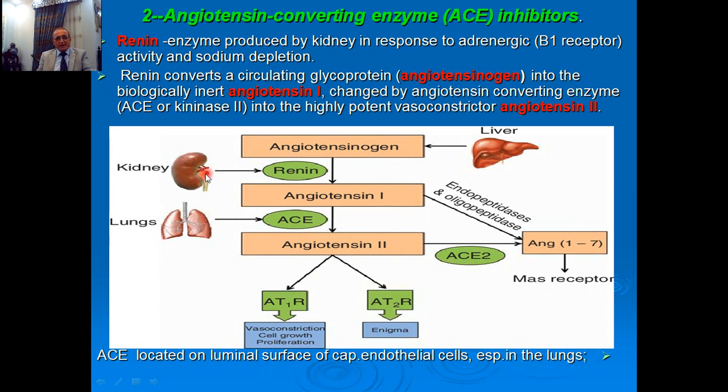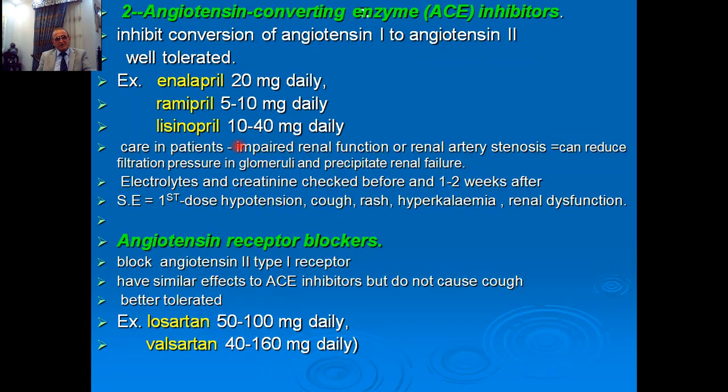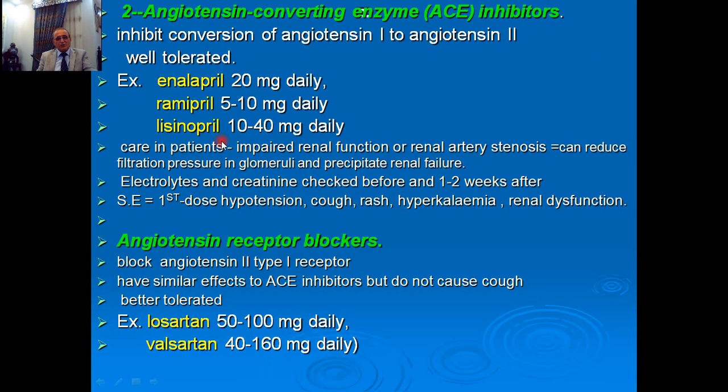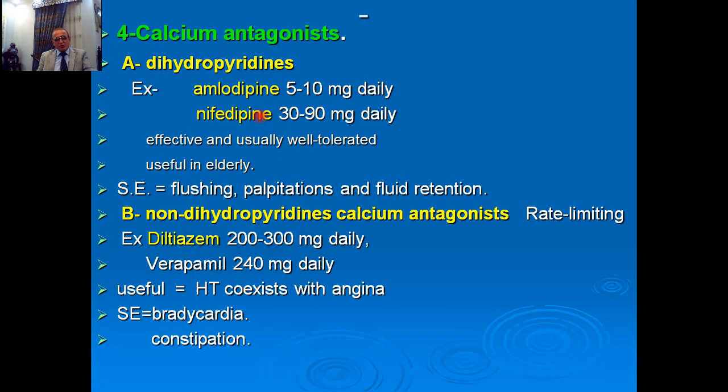This was a bomb blast 3 to 4 days ago, because they found the mortality increased in people with diabetes and hypertension, and later they found those people were receiving angiotensin enzyme inhibitor or angiotensin receptor blockers. This is what science tells us, and there is a nice explanation. But anyway, 2 days ago, another announcement came about the safety of this drug. Anyway, this is just to tell you that medicine is changing every now and then. A drug which is useful nowadays might not be useful later on.